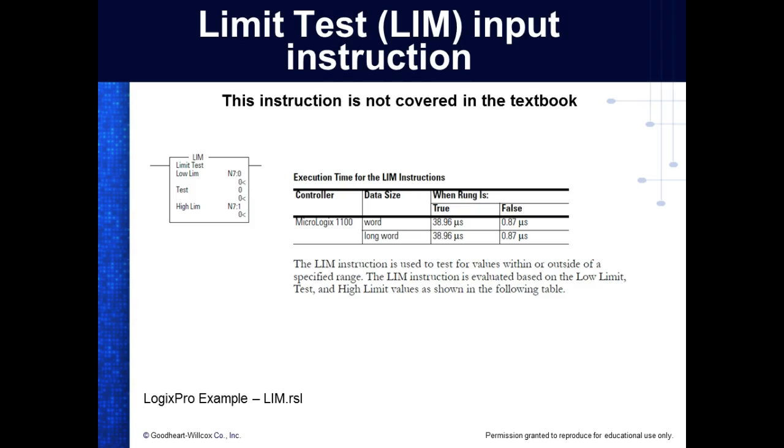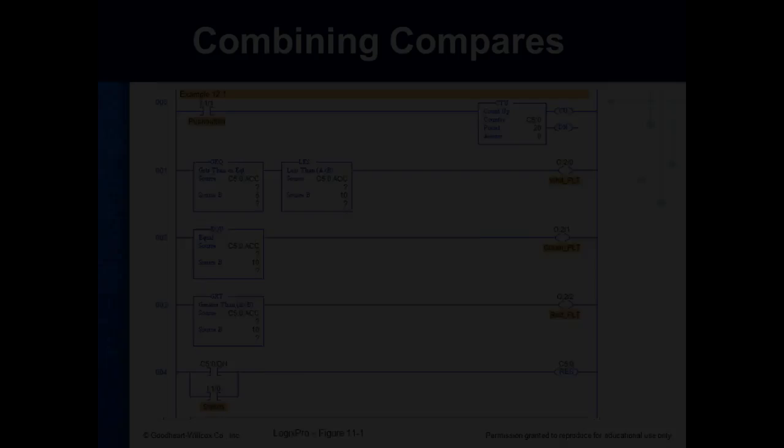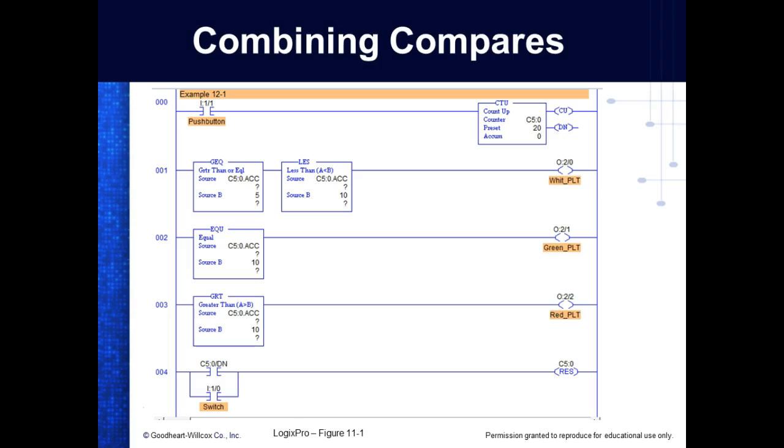And we talked about this new instruction called the limit test, which replaces the one we just looked at, the greater than or equal to. So this one instruction replaces these two instructions right here. If I get my PLC working, I'll show y'all.